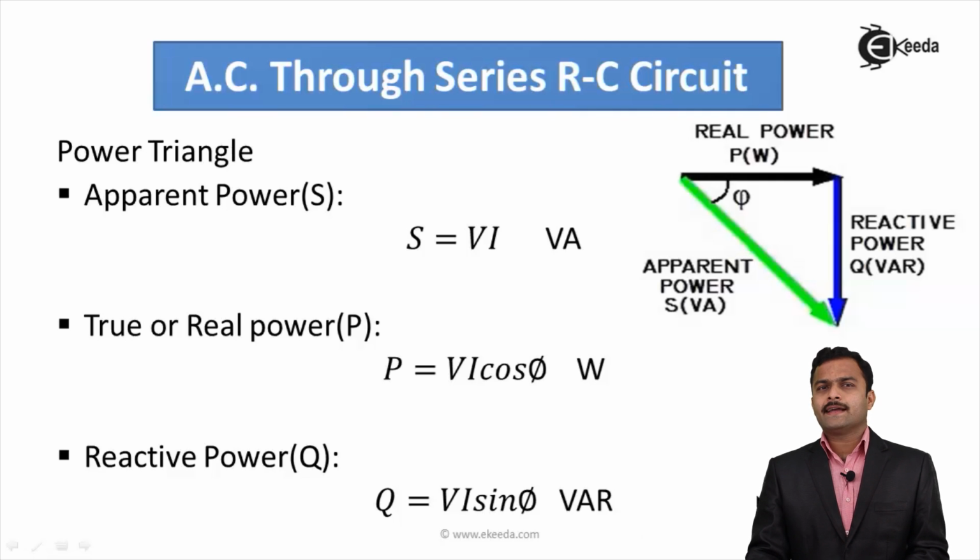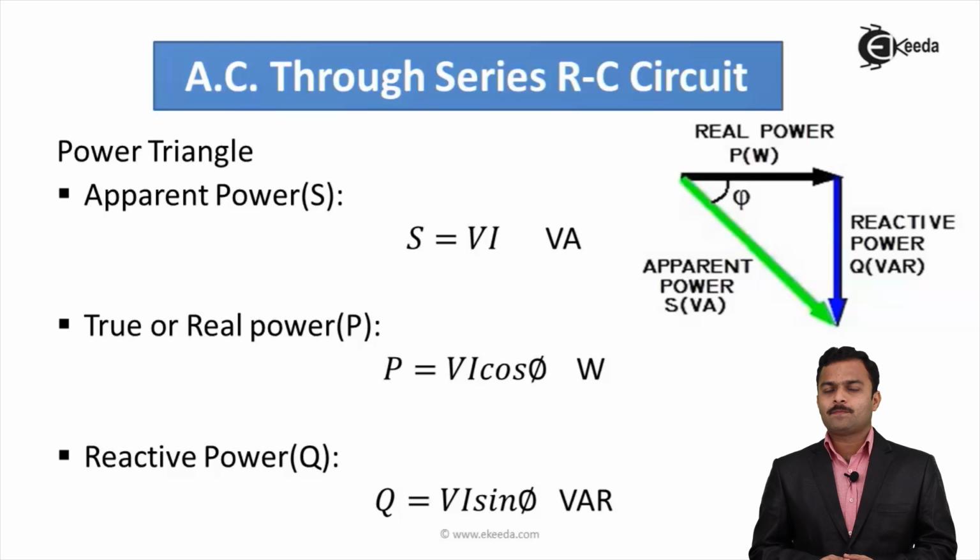So, here again I am getting cos phi as a power factor, and power factor over here is nothing but a factor which is responsible for obtaining true power out of the supplied or apparent power. Again, here the nature of cos phi is decided by the position of current with respect to applied voltage. For RC circuit, current leads voltage by angle phi.